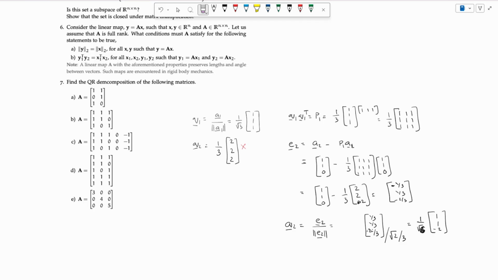Is the inner product 0? No? How do we compute the standard inner product?